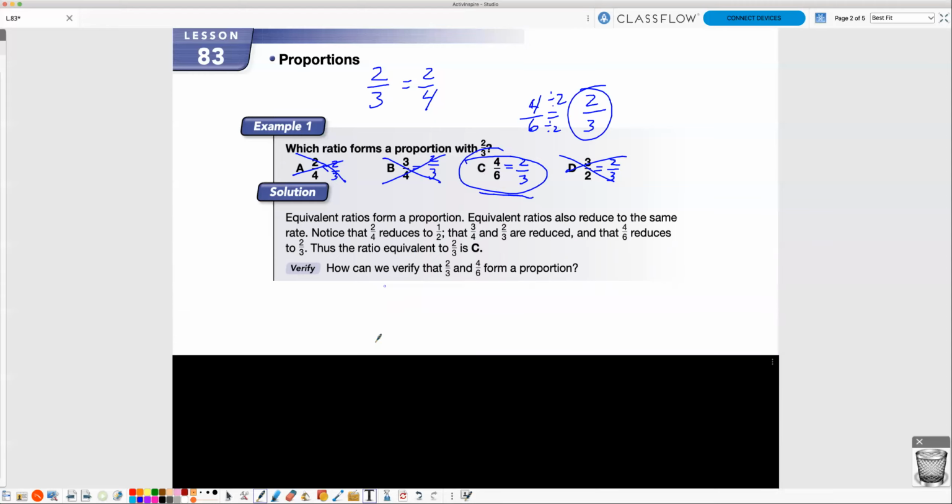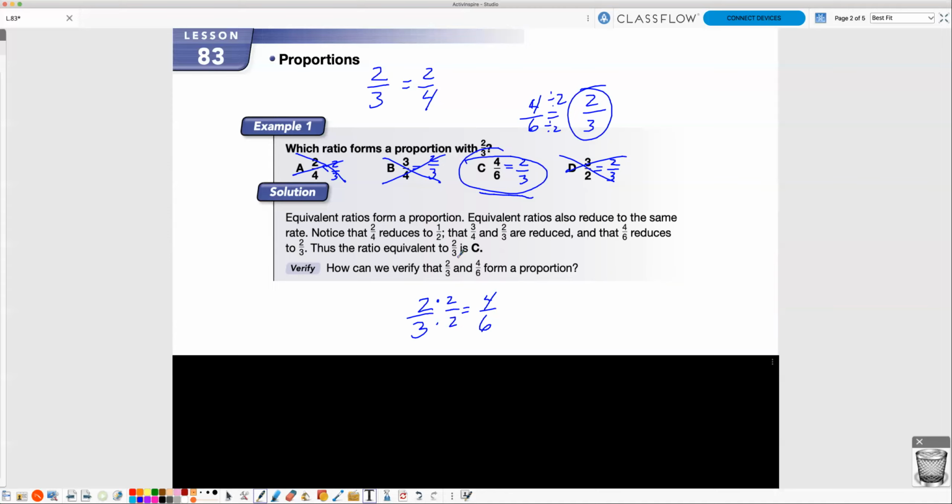How can you verify that 2 to 3 and 4 to 6 form a proportion? You could take 2 to 3 and multiply it by 2 over 2, and you'd end up with 4 to 6, because 2 to 3 would be the reduced fraction of 4 to 6.